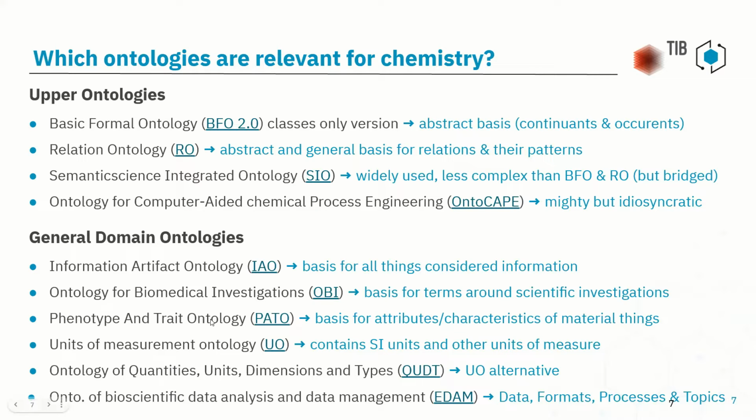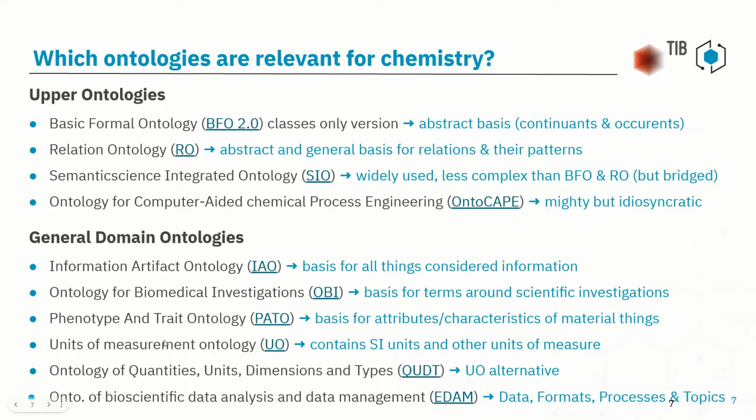Similar is the case with the phenotype and trait ontology, coming also from the biomedical realm. This ontology has very basic attributes of things like physical process attributes such as duration or concentration for material entities, or temperature for material entities, and so forth.